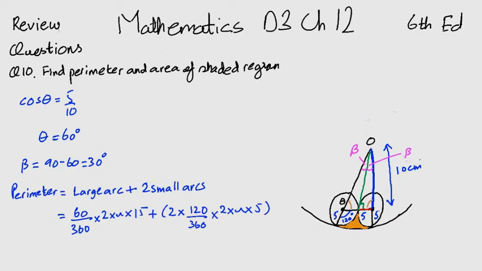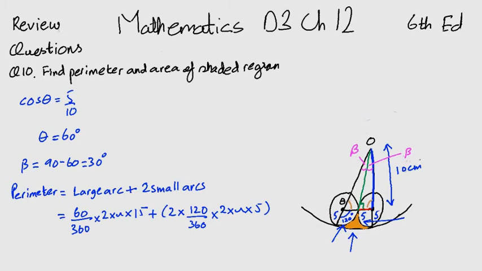The perimeter is basically the larger arc, this one here, plus the two smaller arcs, this one and this one. So the larger arc will have an angle of 60. The formula for the circumference of a circle is 2 pi r, the radius is 15, and since we are looking at only a segment, we are going to have 60 over 360.